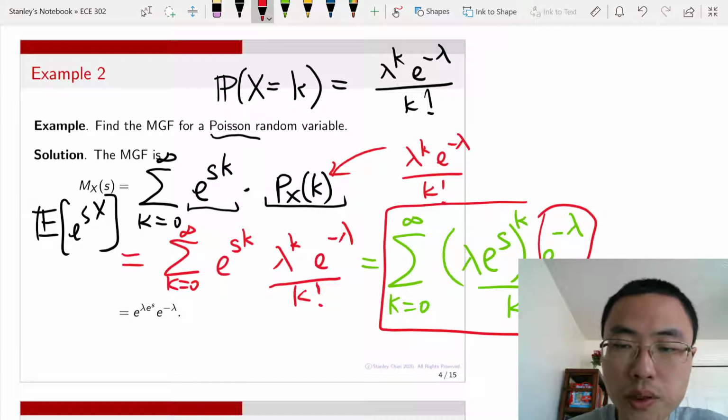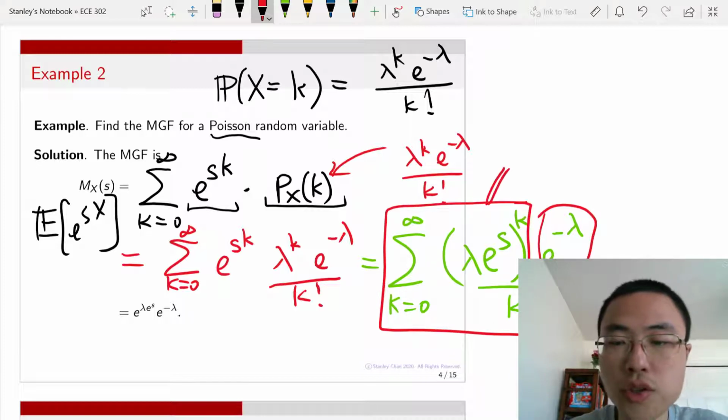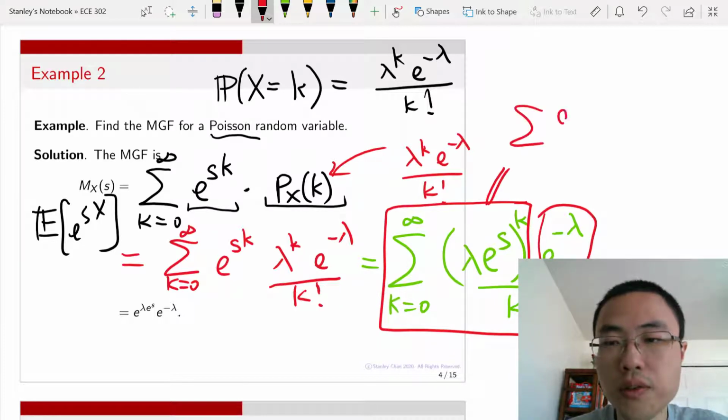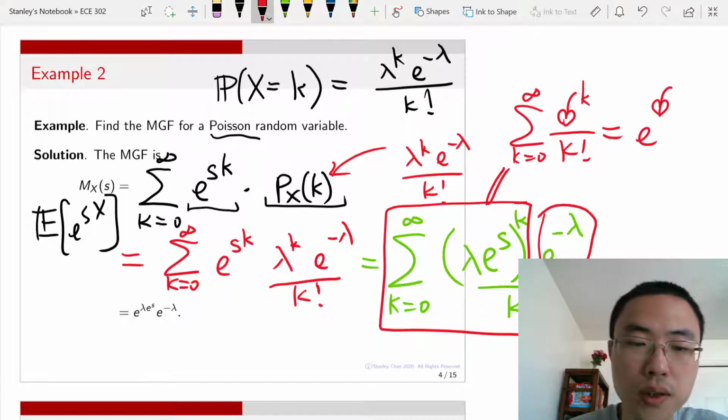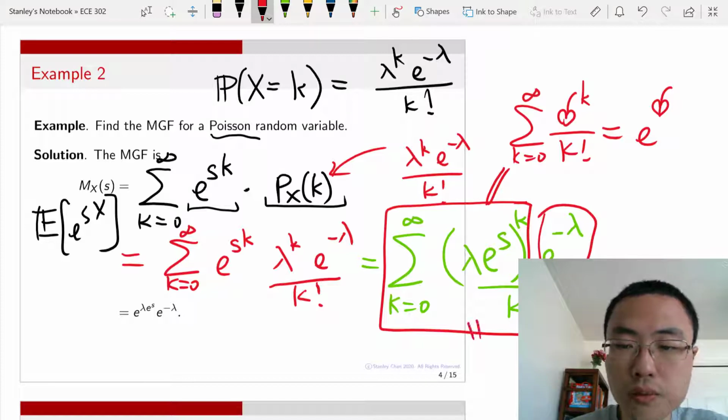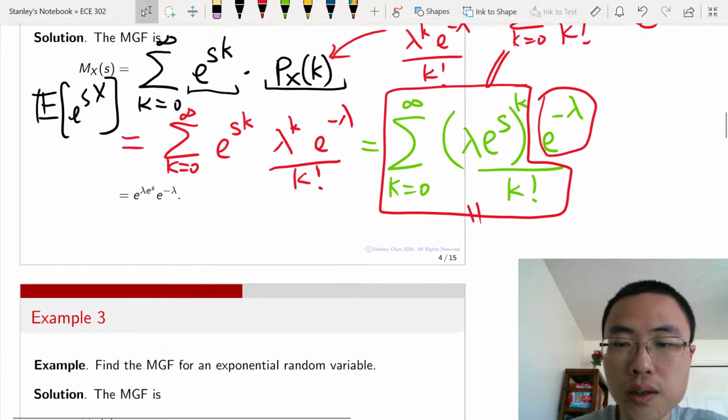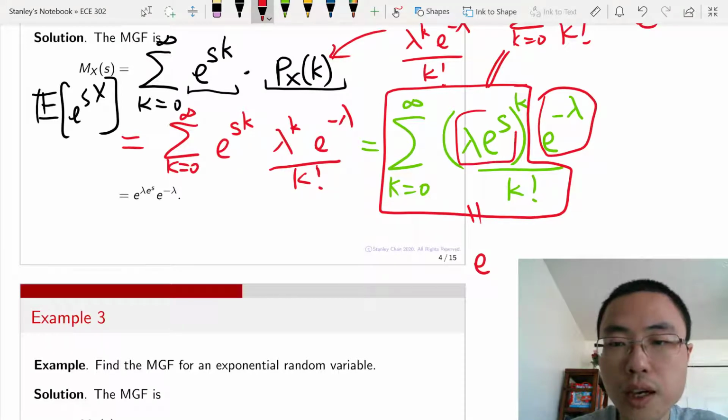And how about this term? This term is just a summation of some apple to the power k divided by k factorial, and k goes from 0 to infinity. And this apple, of course, we know that this is e to the power of the apple. And so what this will give me will be e to the power of whatever I have over here, which is lambda e to the power s.